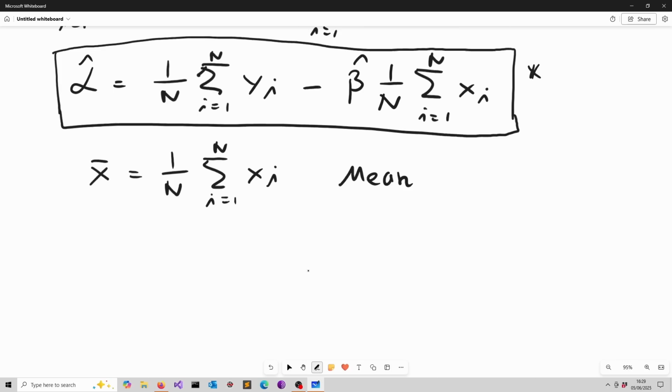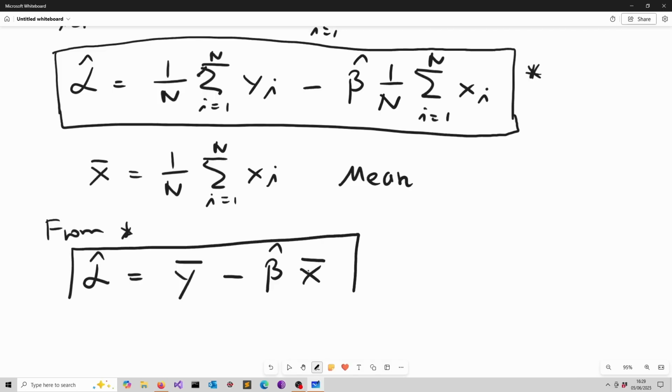Let's call this star. So from star we then obtain the following. Alpha hat is equal to y upper bar minus beta hat x upper bar. And this is pretty useful. That would be our estimate for the constant term.